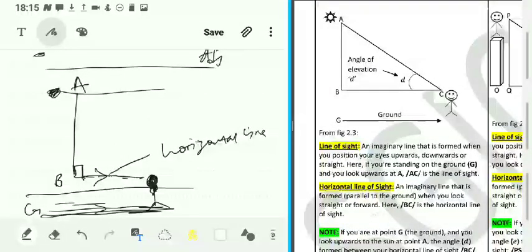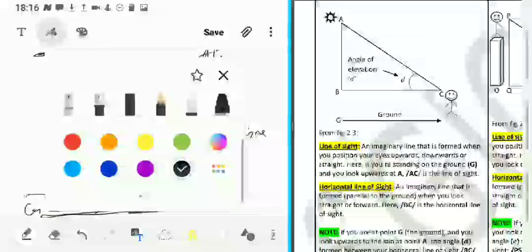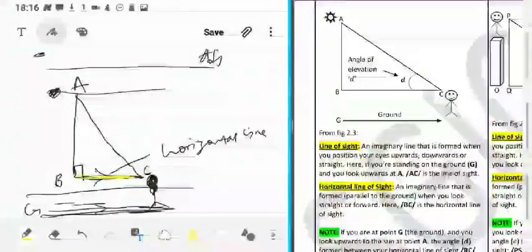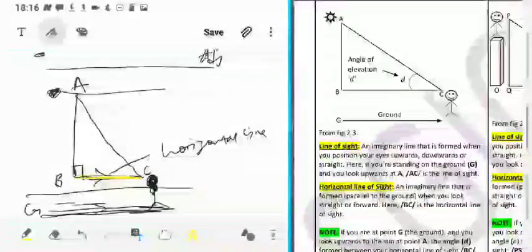Then if the person looks up, you are going to be looking upwards. So the person is fixing his eye at this point. Let's call this point C. From this point, the angle that is formed, this is normal when the person is looking forward straight.